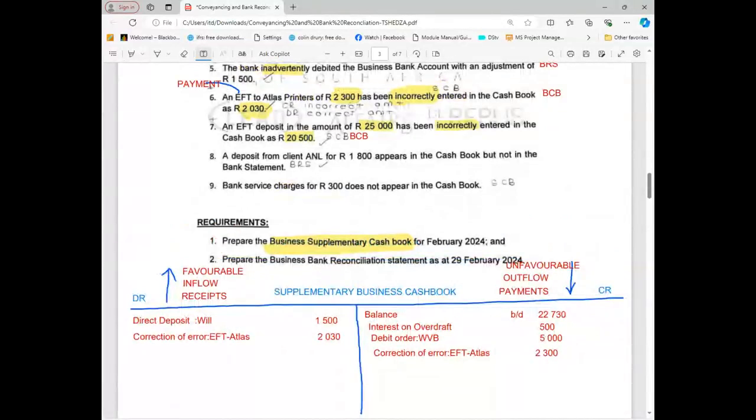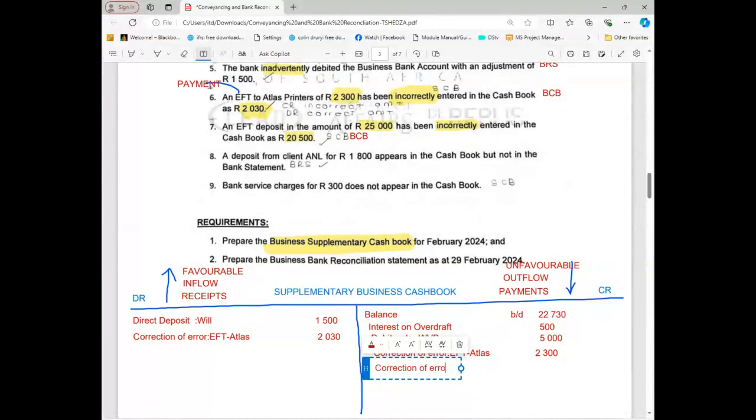They recorded cash on the debit by mistake, so we do the opposite of Atlas and record it on the credit. Because it is a deposit, when they were recording they did record this 20,500 on the debit because they were receiving the cash. So now we are taking it out so that we can create room for the correct amount.